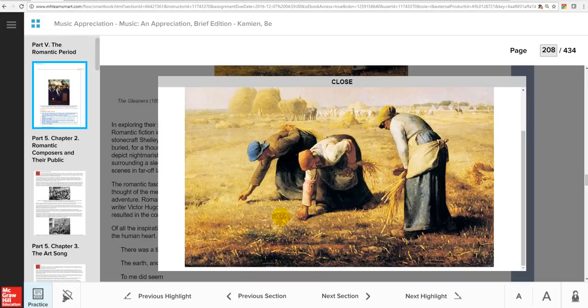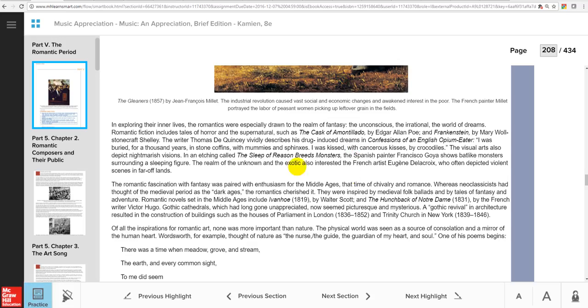It's hard for common people to identify with gods and demigods. The aristocrats could identify with those because they were powerful people. They basically were like gods and demigods. But now you're starting to see a much more realistic approach to representing life and the struggles of life in Romantic art.